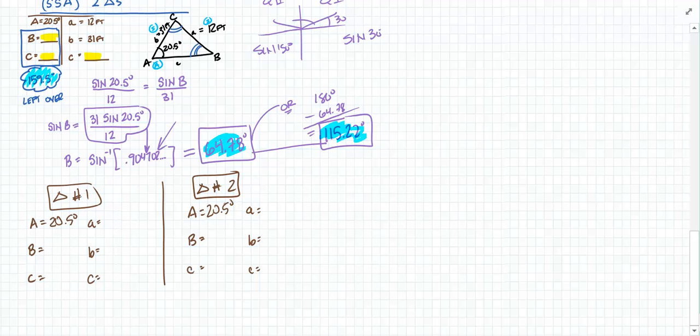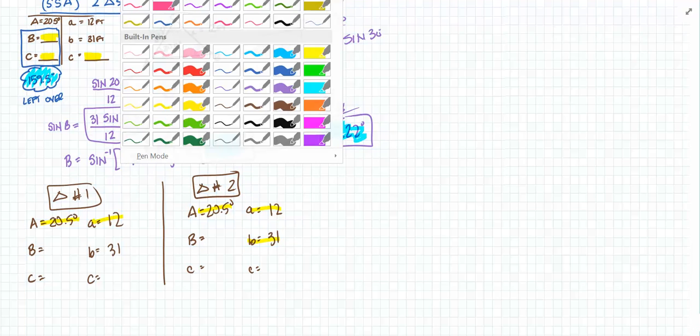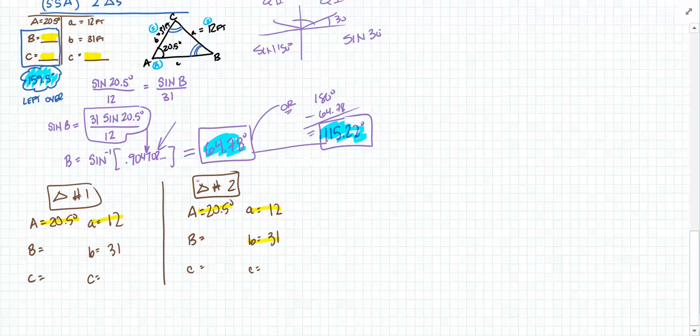These three pieces are the same in both triangles. But what's different? Angle B in one triangle is going to be worth 64.78, and in the second triangle it's going to be worth 115.22.